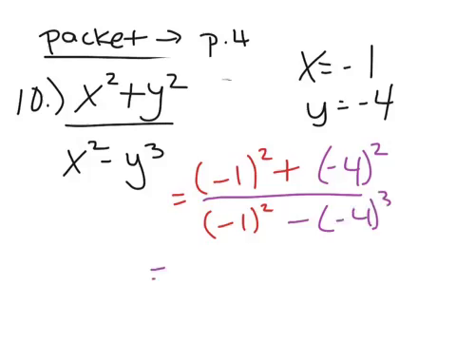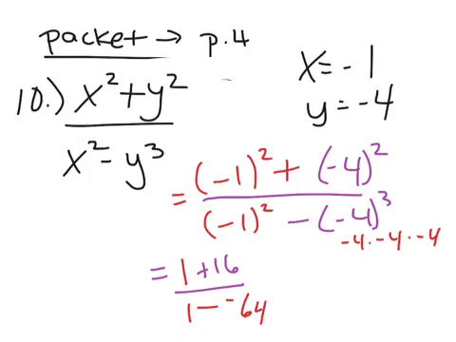So in the numerator, I have negative 1 squared, which gives me 1, plus negative 4 squared, so plus 16, divided by, in the denominator, negative 1 squared, which is 1, minus negative 4 cubed. And remember, negative 4 times negative 4 times negative 4 gives me a negative 64, not a positive 64.